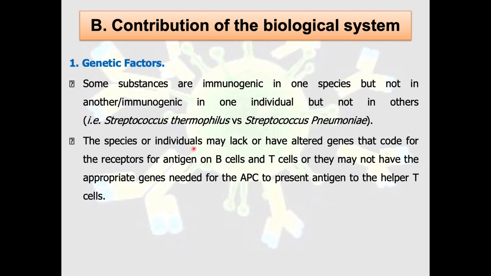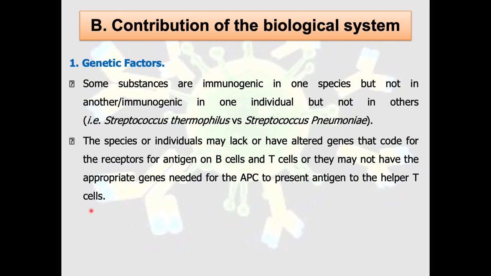The specific individual may lack or have an altered gene that codes for the receptor for the antigen on the B cell or the T cell, or they may not have the appropriate gene needed for the APC to present antigen to the helper T cell. This means that bacteria A1 can be recognized by the B cell, but bacteria A2 cannot be recognized.